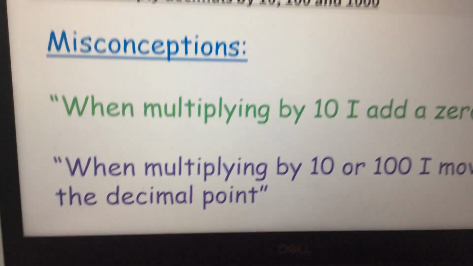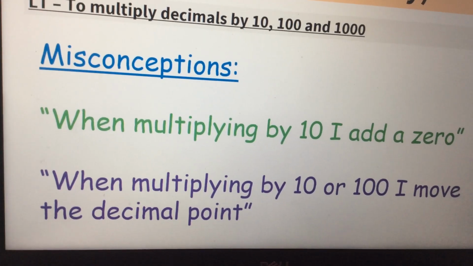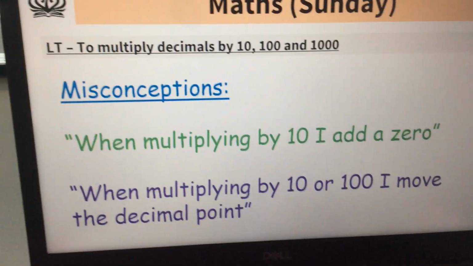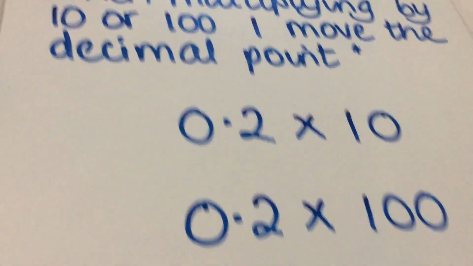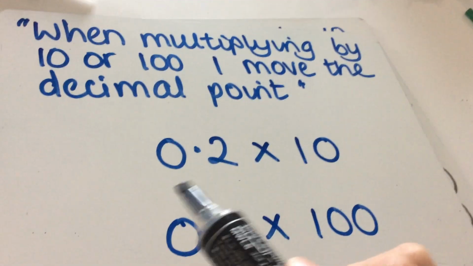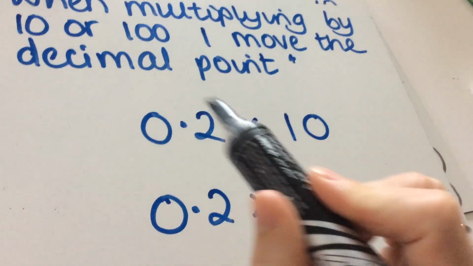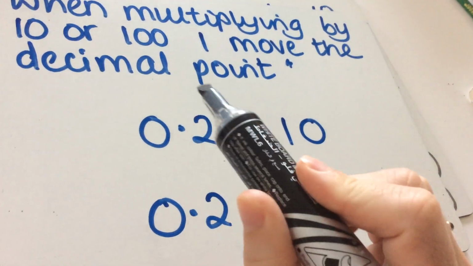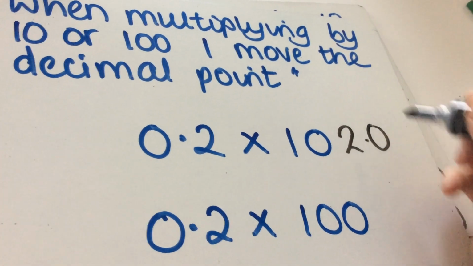So the other one is, when multiplied by 10 or 100, I move the decimal point. Now the decimal point is something which does not move in our maths. If we were going to be moving the decimal point, if we said we're going to move the decimal point one place to the right, yeah, might work.